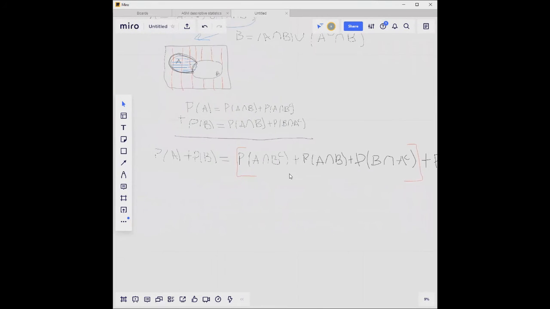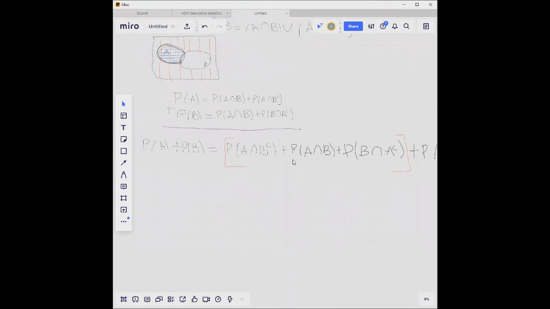Now let's take a look at the expression inside of the brackets here.